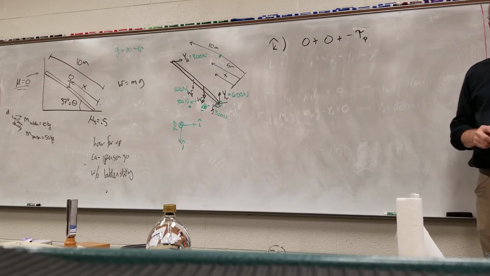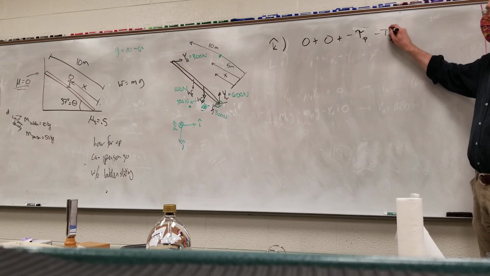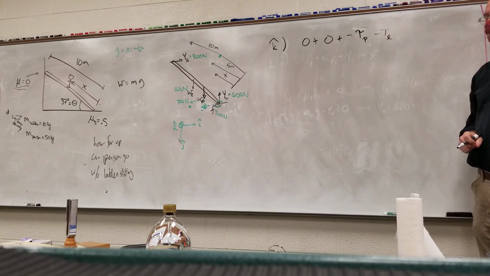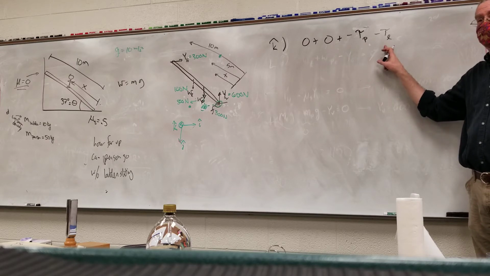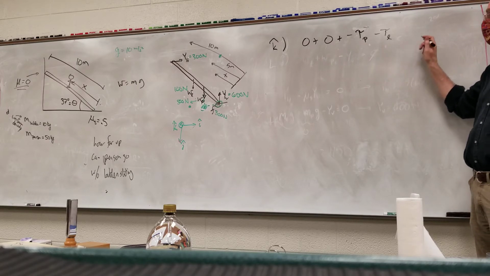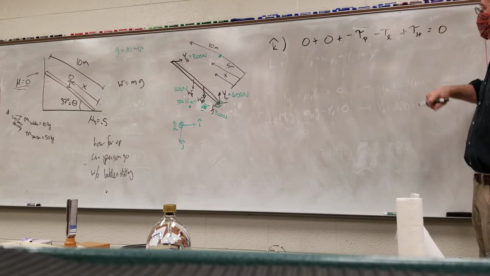What about the ladder? Same thing. And y sub h? I hope so. I got 0, 0, negative, and negative. I better have a positive if I want to get 0. So this is the torque from the horizontal is equal to 0.